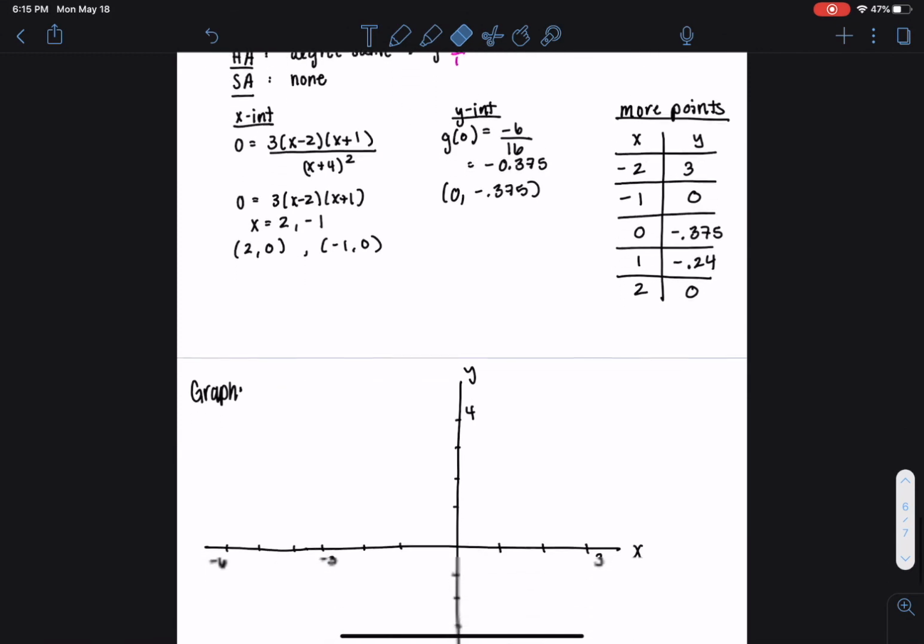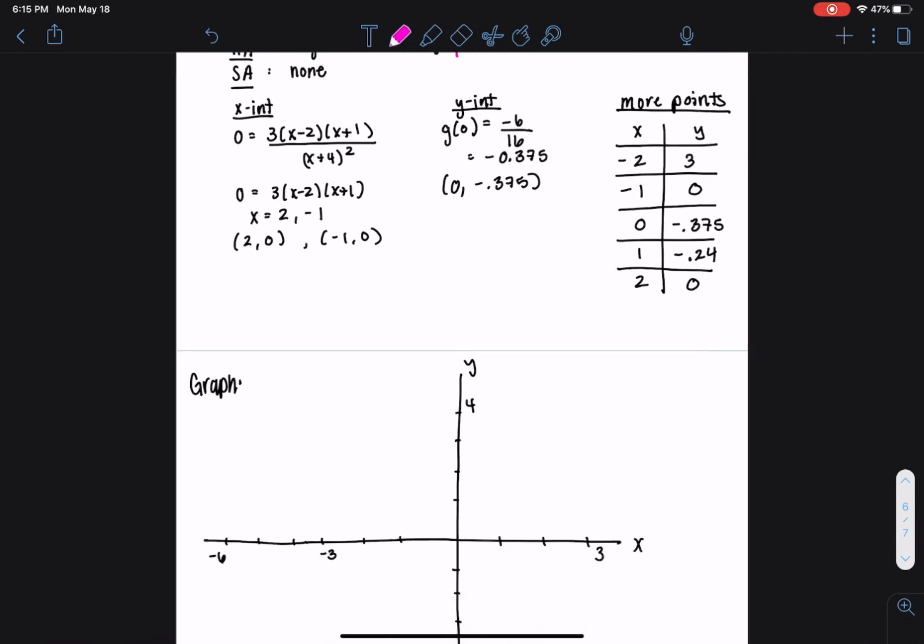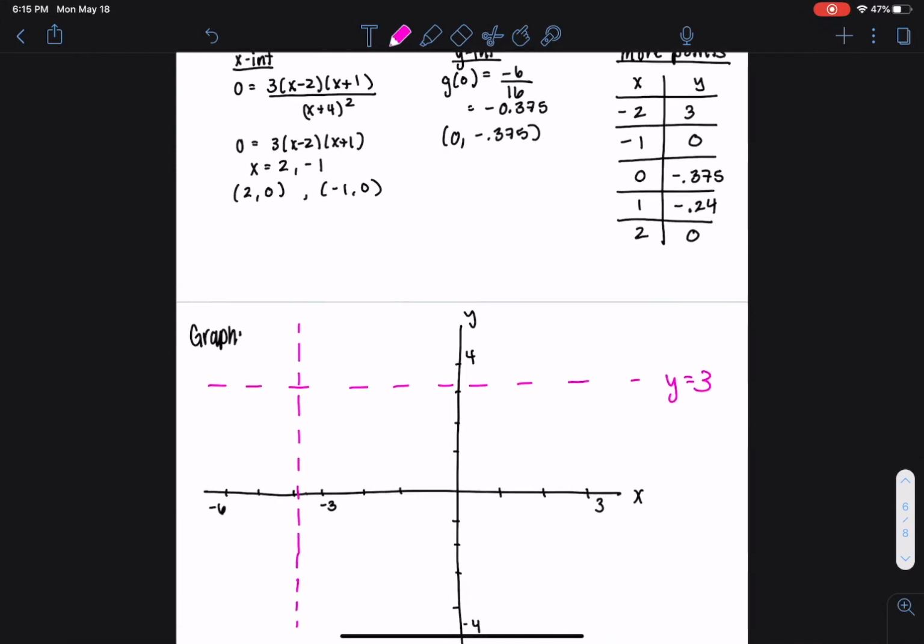So now let's utilize this to get as accurate of a picture as I possibly can. Our horizontal asymptote was at y = 3, so we'll sketch that in. Our vertical asymptote is at x = -4.